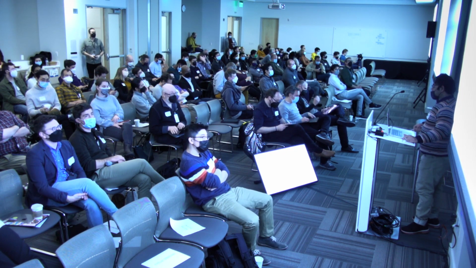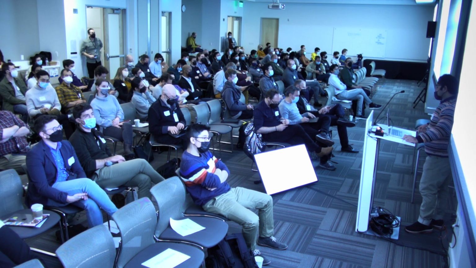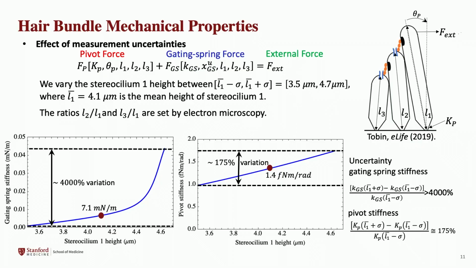And for the pivot stiffness, this is shown in the second plot. We plot the pivot stiffness as a function of the stereociliary height, and here also we see around 175% variation within the standard deviation, which indicates that the estimation of material properties of the hair bundle is very sensitive to uncertainties in the morphological measurements, and we need better estimates, better error bounds on the morphological data.